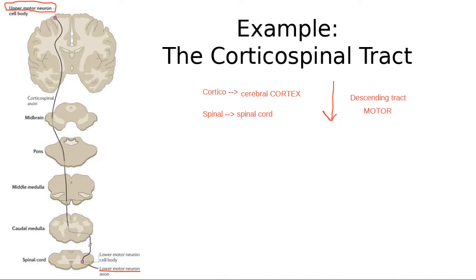So the upper motor neuron, we find that one in this case in the brain. It starts in the brain, it goes down the spinal cord until we synapse with the lower motor neuron. So the lower motor neuron starts in the spinal cord. In particular, it's in the ventral horn of the spinal cord, and it leaves the spinal cord and goes out to skeletal muscle.